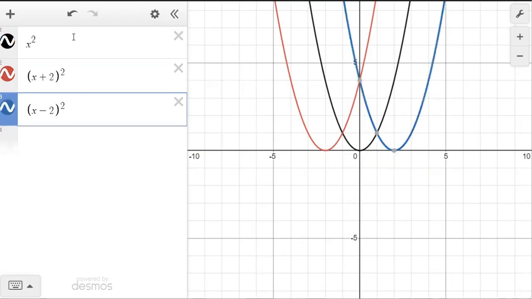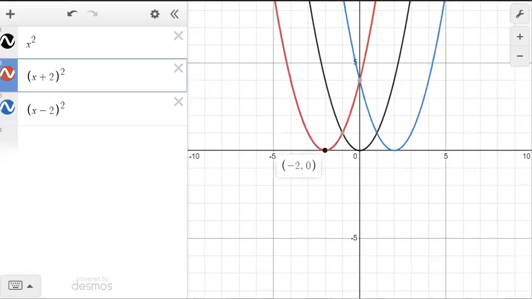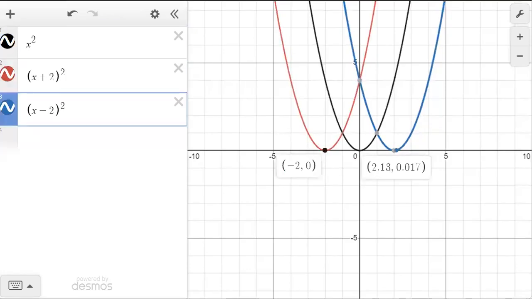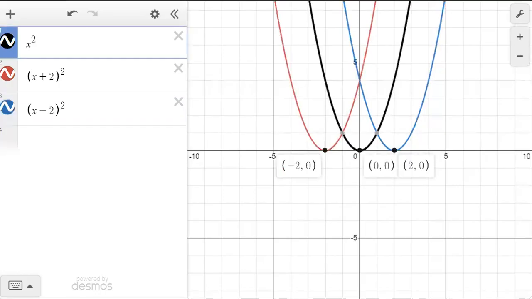See, the original graph is in the color black, and when it is x plus 2, this is the color red, it is shifted. See, I'm taking the vertex so that you will understand.